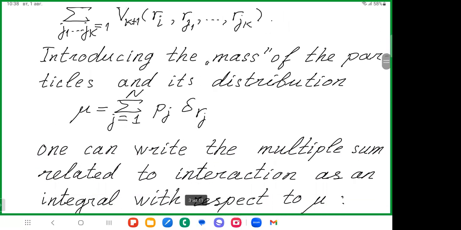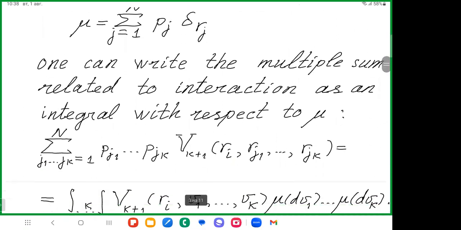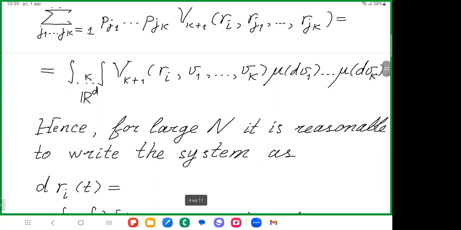Then one can write the multiple sum related to interaction between particles as an integral with respect to mu. So we just rewrite the coefficient which reflect multiple interaction between particles as a multiple integral with respect to introduced measure, mass distribution of the particles.